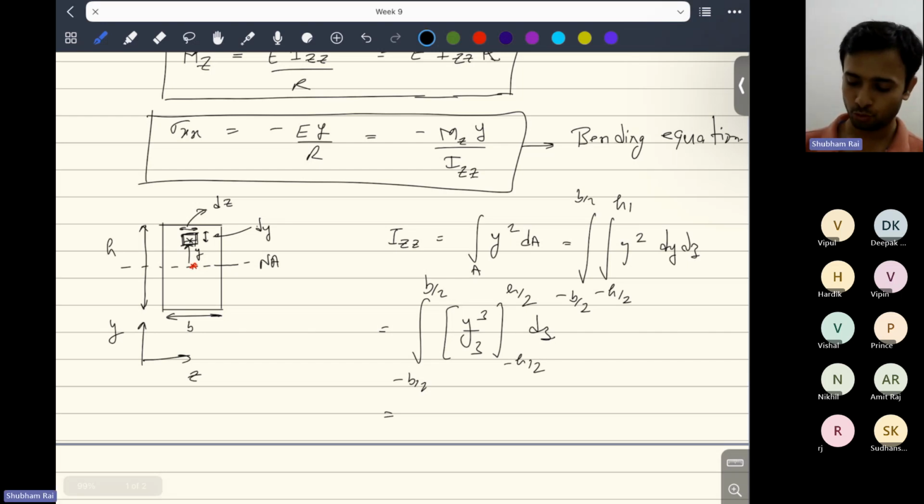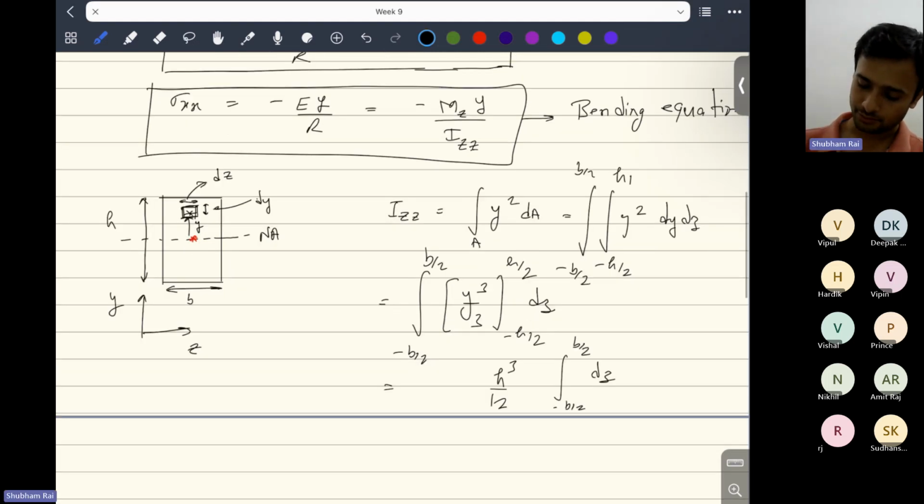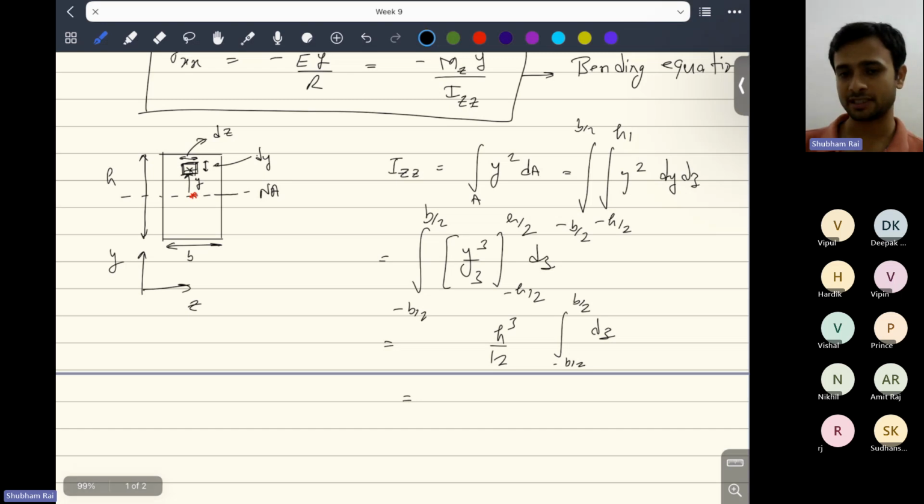So it will be 2 times h cube by 24, so it will be h cube by 12. So h cube by 12 will come outside the integration, and then you have the integral from minus b by 2 to b by 2 of dz. The integration of dz will be z, and if you apply the upper and lower bounds, you will get b by 2 and plus b by 2. So it will be b. So finally you will get b h cube by 12.